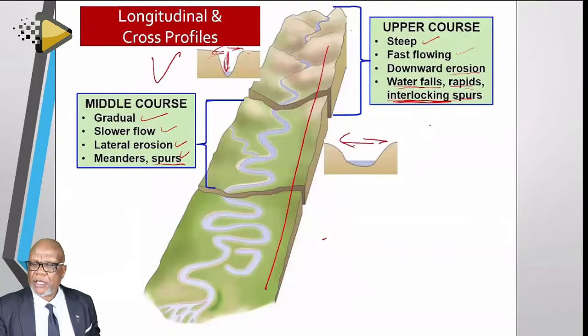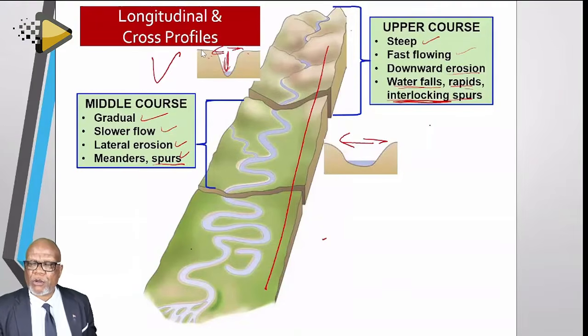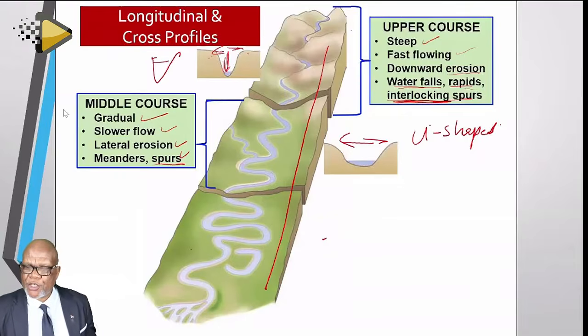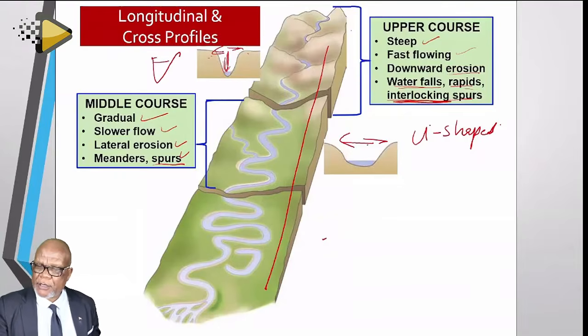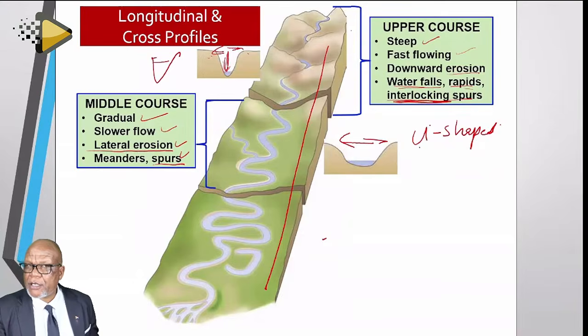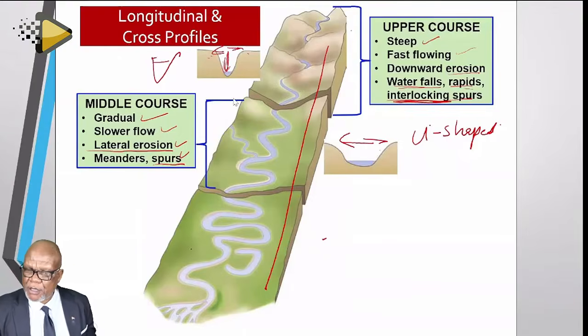You can see now the valley is wider. What made it wider compared to the upper course? Here we're saying it is U-shaped, which is slightly wider than the V-shaped. Why is it U-shaped? It is mainly because of lateral erosion. Lateral erosion results in the widening of the river, but vertical erosion results in the deepening of the river.